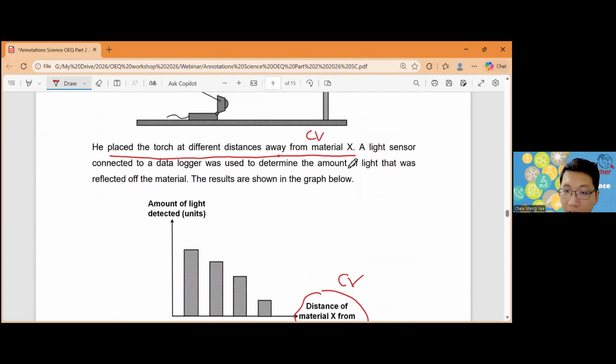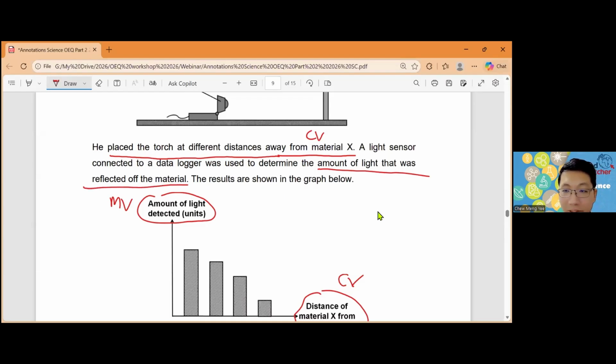Okay, then what is being measured? Amount of light that was reflected off. What is measured is the amount of light detected. This is the measured variable. Amount of light detected, which is the same as amount of light that was reflected.